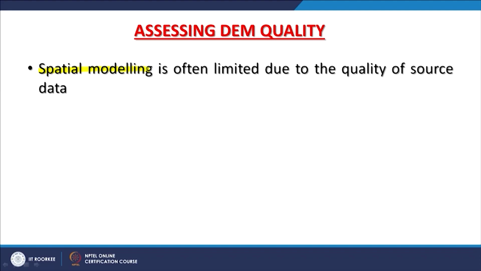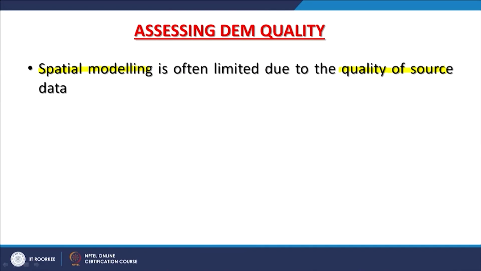And when we have developed a spatial database on a GIS platform and start analyzing things, ultimately we may go up to spatial modeling or prediction, depending on our requirements. The reliability of that prediction or modeling will definitely depend on the quality of the source data, how good the data is, and questions are generally asked: what is the accuracy of your prediction?